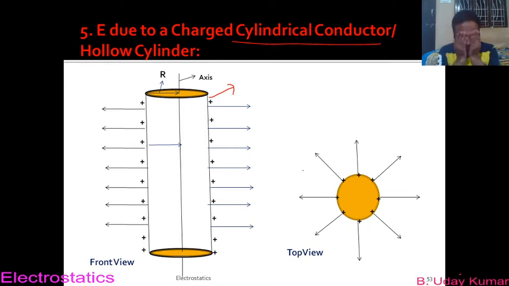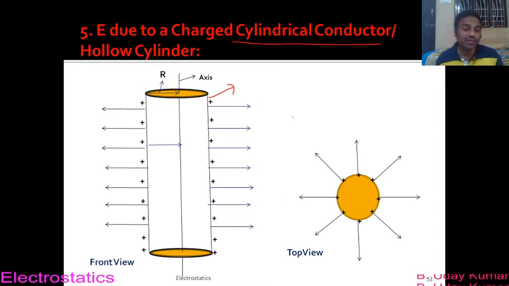Here what you have to understand is which kind of charge distribution it is. This charged cylindrical conductor is an example of linear charge distribution and also surface charge distribution.